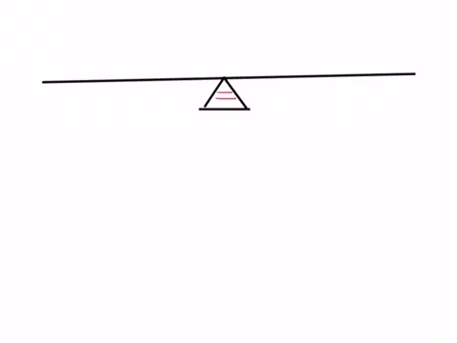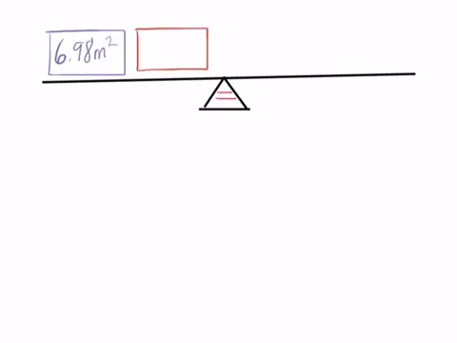All right. Well, here's a little story problem about Marion and her mom. So Marion and her mom are sewing a quilt, a big quilt, and they end up using 6 and 98 meters, square meters, for the main part of the blanket, and then they use a little bit of another kind of fabric for going around the edge, the border.